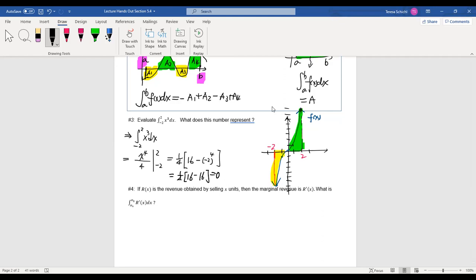So that's why it's 0. So I know if I have an odd function and your integration bounds are symmetric, then you'll be able to see that it is 0 here.